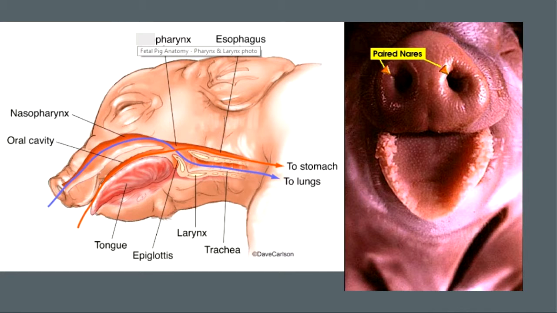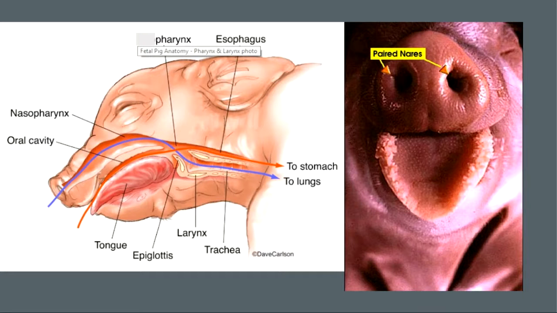So here's a look. This is a kind of diagram of what it would look like on the inside, if you were to do a long section, cut the head in half and see what's inside in the middle.